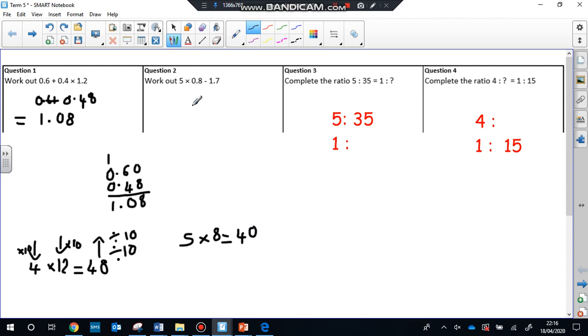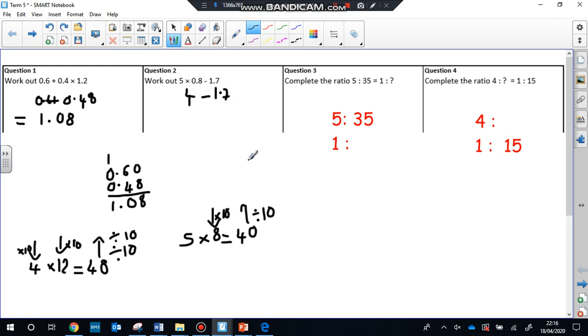The 5 stayed as 5, but the 0.8 I multiplied by 10 to get 8. So I've got to divide my answer by 10. So 40 divided by 10 is going to be 4. So the answer here is 4, and I've got to subtract 1.7.